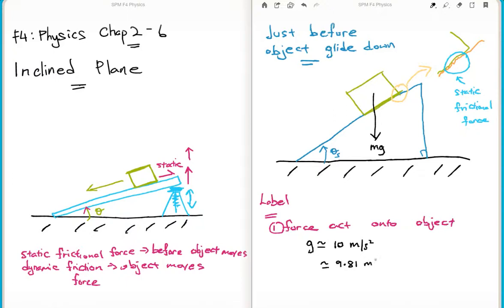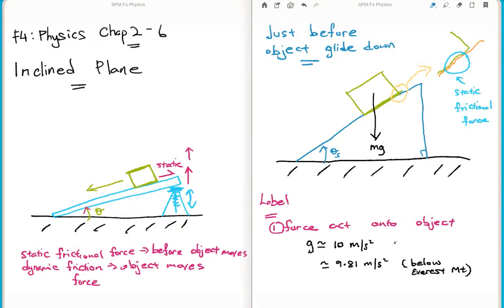This value is accurate as long as the object is located below the height of Mount Everest, about 8 kilometers. As long as this object is located below that, the gravitational acceleration is accurate to be 9.81. But for Form 5 purposes, you may use 10.